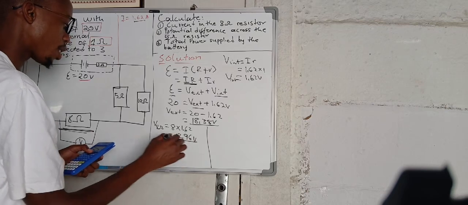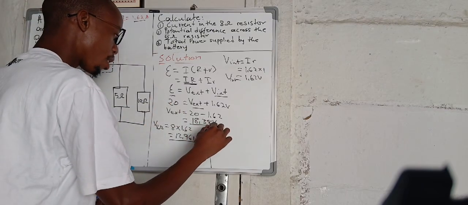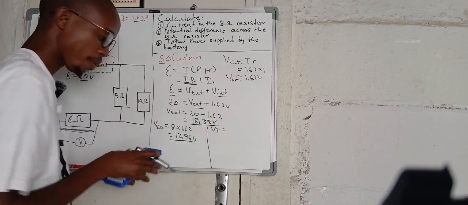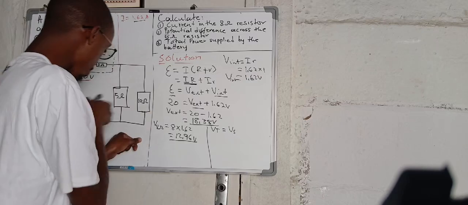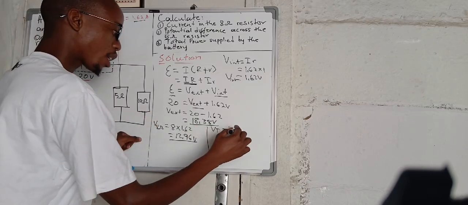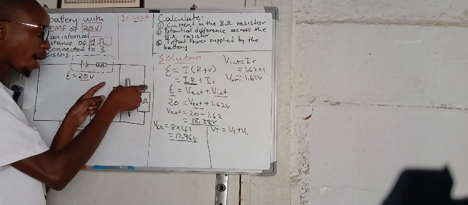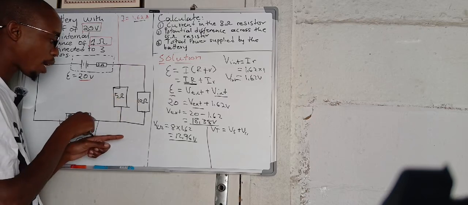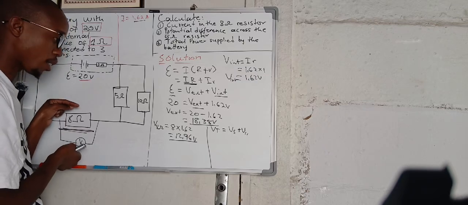So that is the voltage across the 8 ohm resistor. Now I'm going to say voltage total is going to be voltage across the series connection plus voltage across the parallel circuit. Why? Because this is a mixed circuit. There is a parallel connection and there is a series connection.